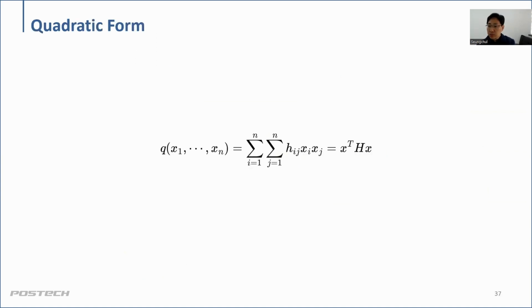The next example starts from linear programming, and the second is the quadratic form. It's the same as second order polynomial equations in scalar form, but I'm talking about vectors and matrices. So in the quadratic form, say X is a column vector, so we have an n-dimensional space.